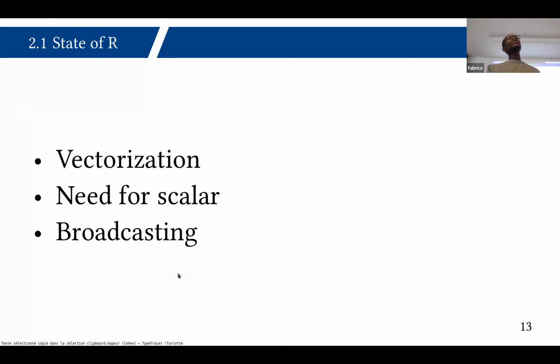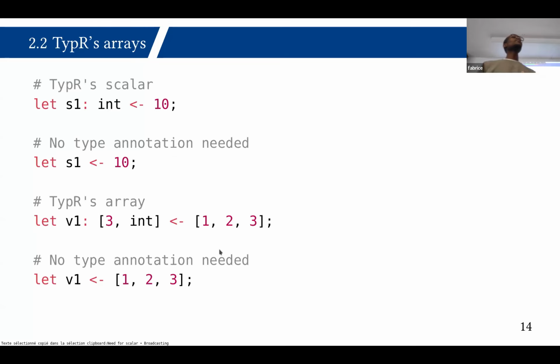But we also know that for some kinds of tasks, we need to use scalar values. And we also have the concept of broadcasting. Broadcasting is also used in other languages that use multidimensional arrays or tensors, like NumPy, TensorFlow, PyTorch, and everything like that. I wanted to see if a type system could do that. So, spoiler alert, it's really complicated to do that. But I have found something really interesting to do so.